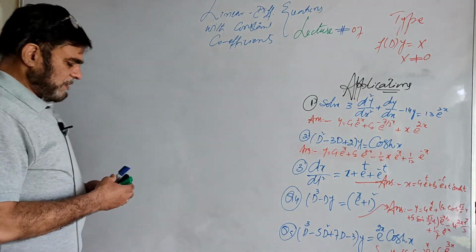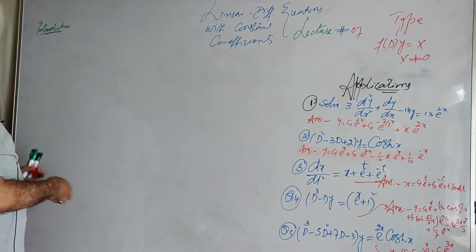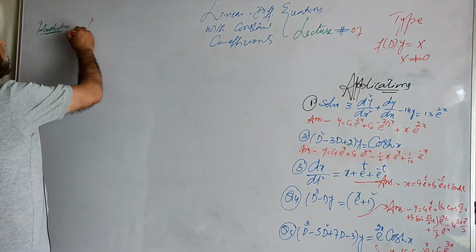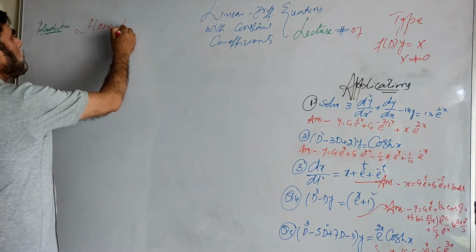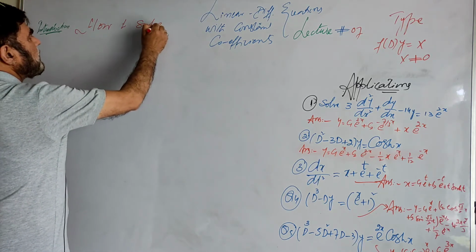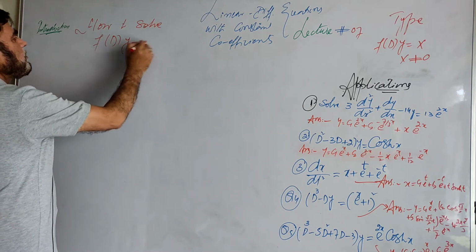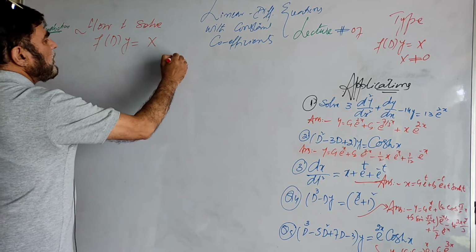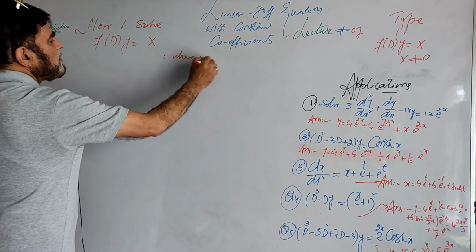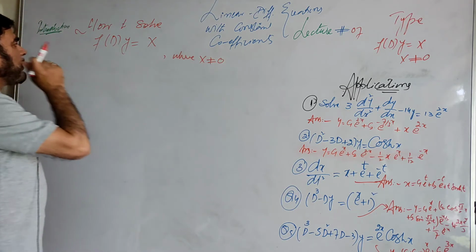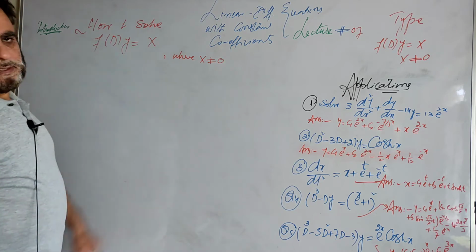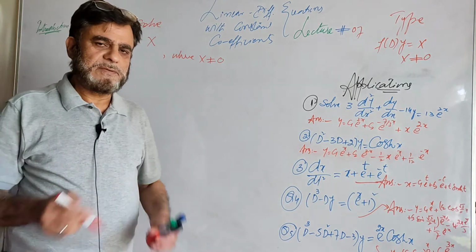Now we discuss how to solve the linear differential equation of this type, f(D)y is equal to X, where X is not equal to 0. We have given a detailed discussion about this f(D)y is equal to X.